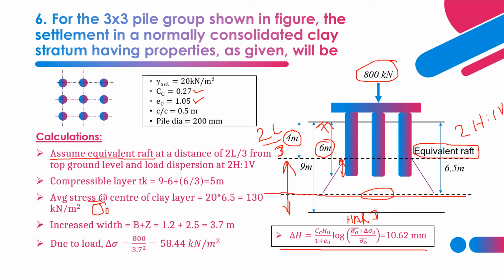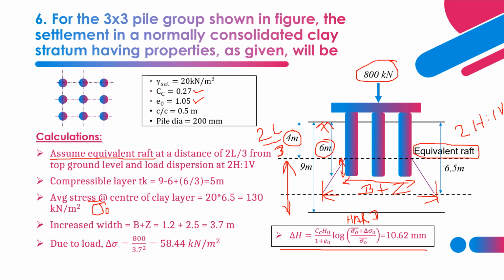And the increased width. How are we calculating this? It is B plus Z, because we have assumed 2 horizontal to 1 vertical as the dispersion. So this width is B plus Z. What is B? One pile diameter is given as 200 mm, so we can take it as 0.2, and center to center spacing as 0.5.